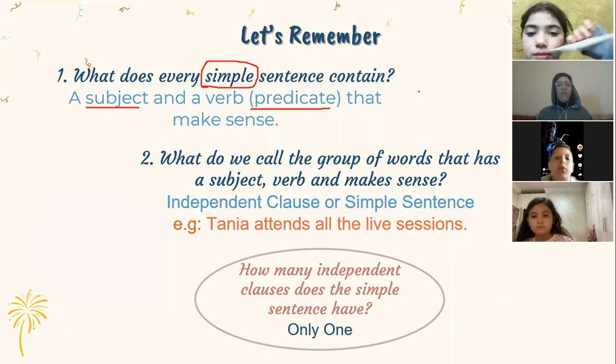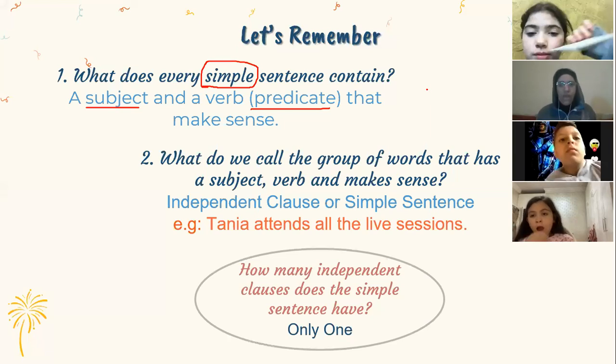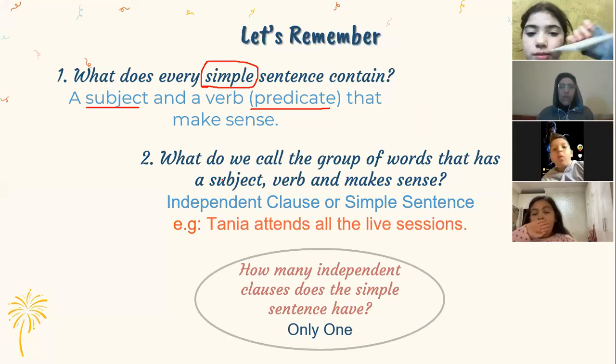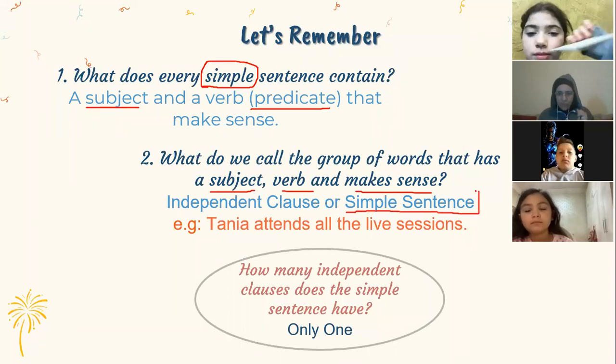So what do we call the group of words that have a subject, a predicate, and make sense, or a complete idea? We call it a simple sentence.